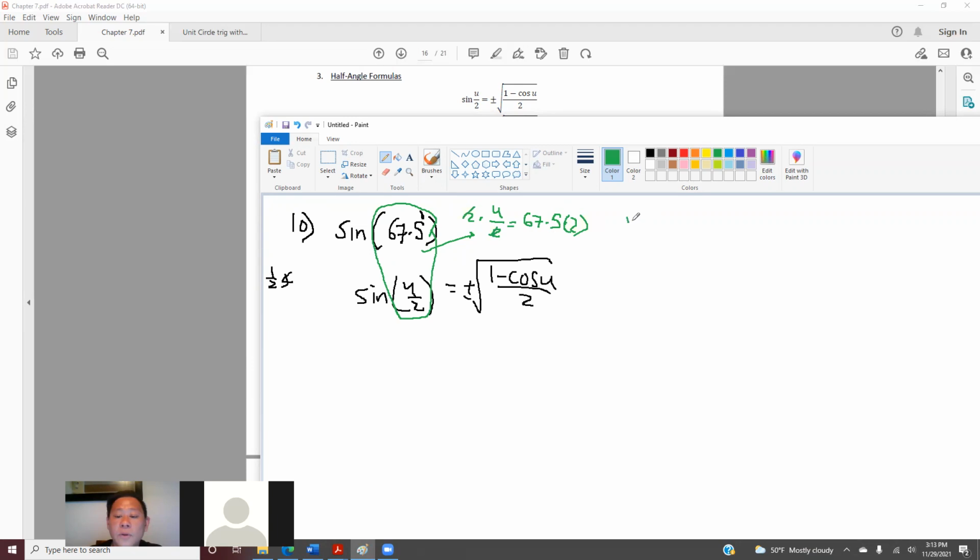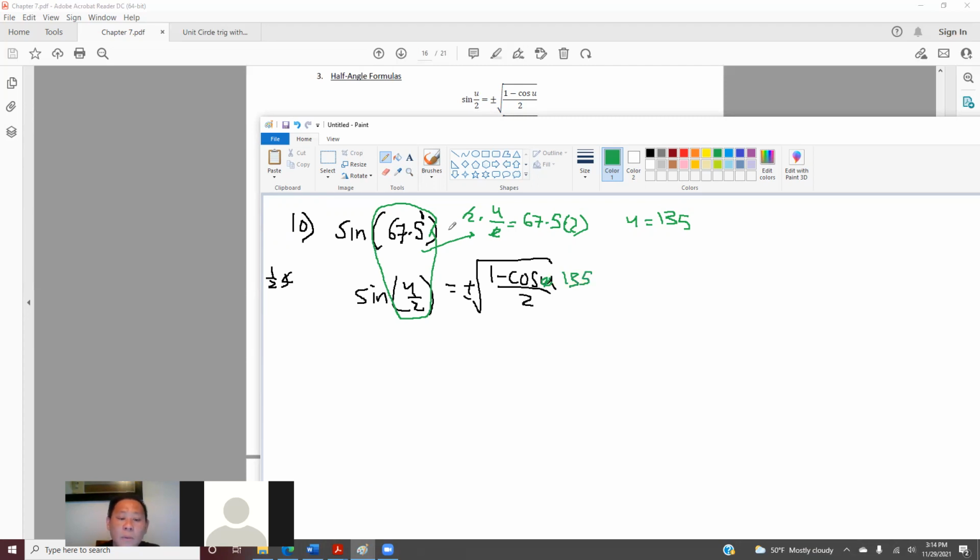U in this case, if you take out your calculator, 67.5 times 2, that is what? 135. So this is the first thing you need to do, is figure out what u is. If the question did not give us u, they only give you u over 2, you just compare this. So now we know the u here is 135.